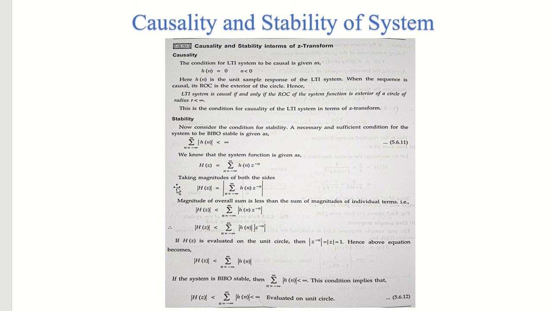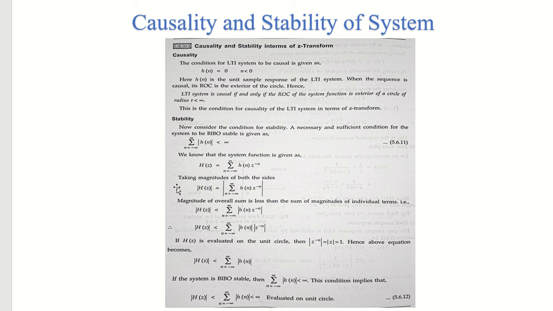So back then we saw what stability is and how we can obtain it, not for the Z transform, but for the Fourier transform. So if you remember that, we are going to do a similar thing here for stability.